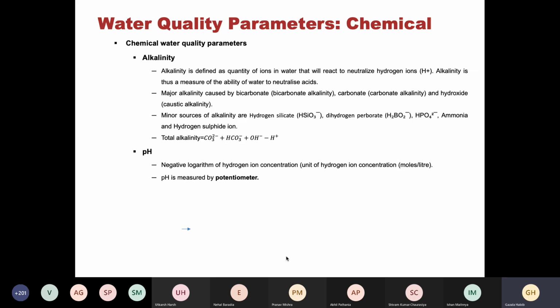Mostly for routine water testing, carbonate and bicarbonate are used for alkalinity calculation. Total alkalinity is therefore given by carbonate ion concentration plus bicarbonate ion concentration plus hydroxide ion concentration minus H plus ion concentration. The pH, we know, is the negative logarithm of hydrogen ion concentration, and it can be measured by a potentiometer.